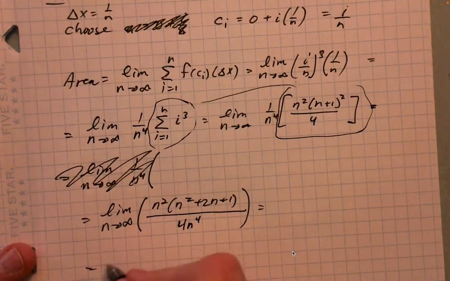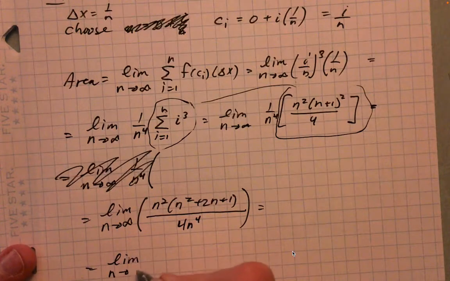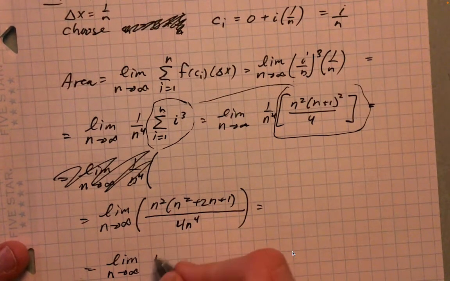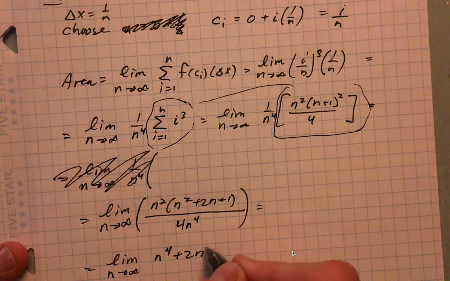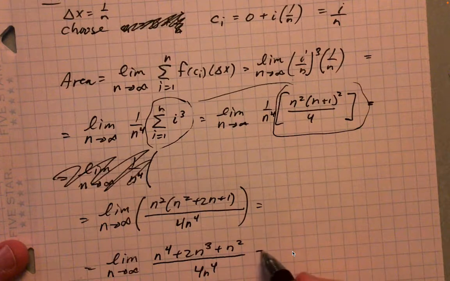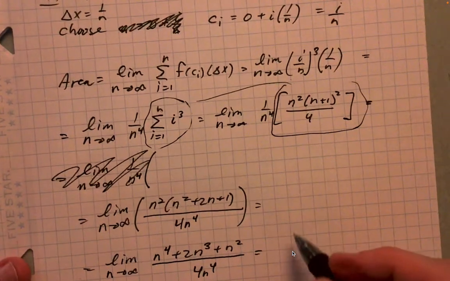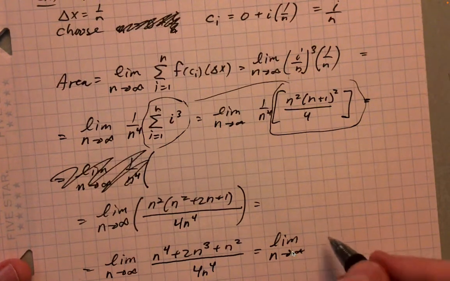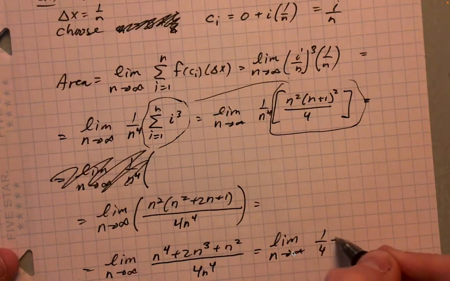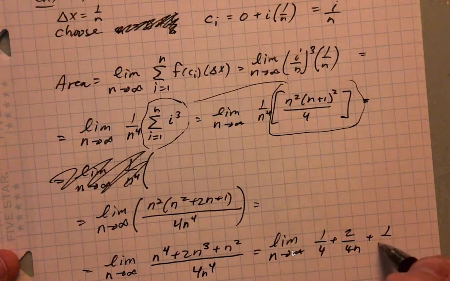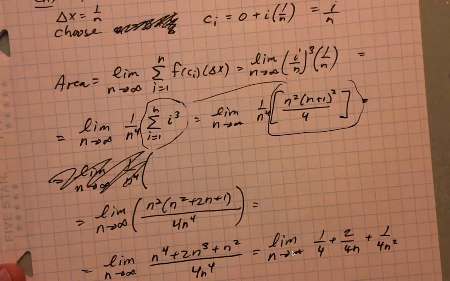It becomes this thing. Okay, and so the limit as n goes to infinity of this, we can expand this further, and we get n to the 4th plus 2n cubed plus n squared all over 4n to the 4th, which is equal to the limit as n goes to infinity of 1/4 plus 2 over 4n plus 1 over 4n squared.